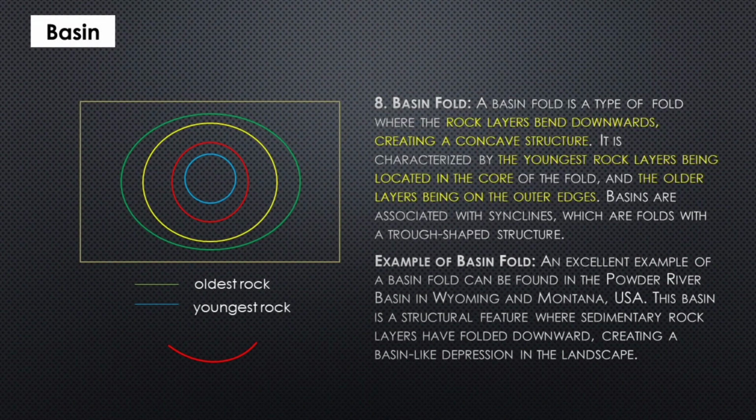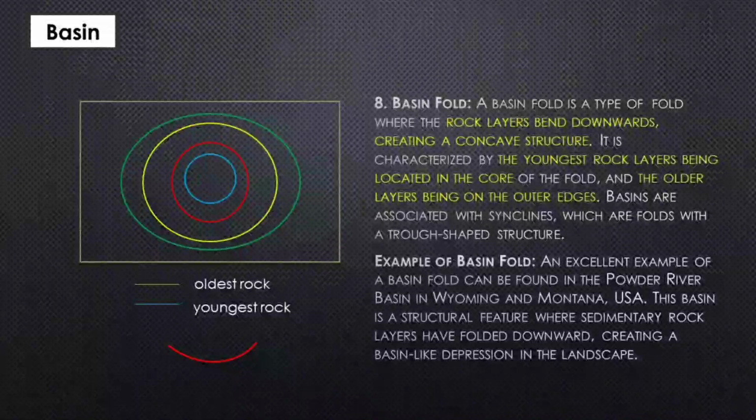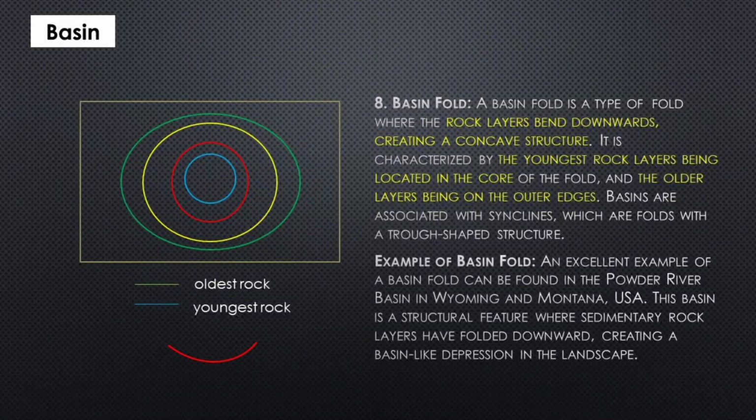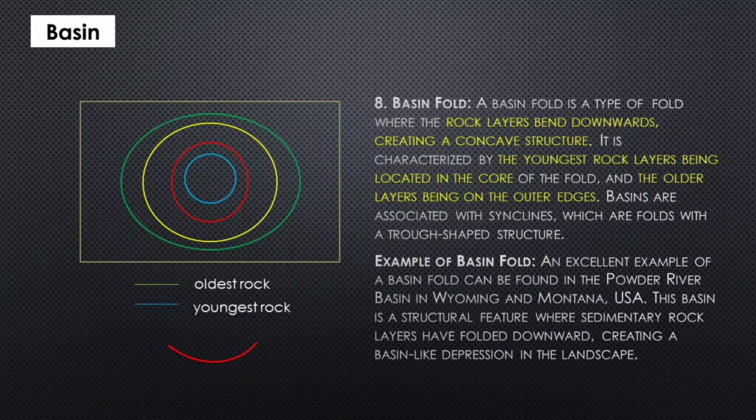Next one is dome. Here the rock layer bends upwards. It is associated with anticlines, an arc-shaped structure. Here the oldest rock layers are located in the core of the fold, and the younger layers on the outer edges. You can see the oldest in the green color in the center part, and the blue color in the outer part, the youngest rock.